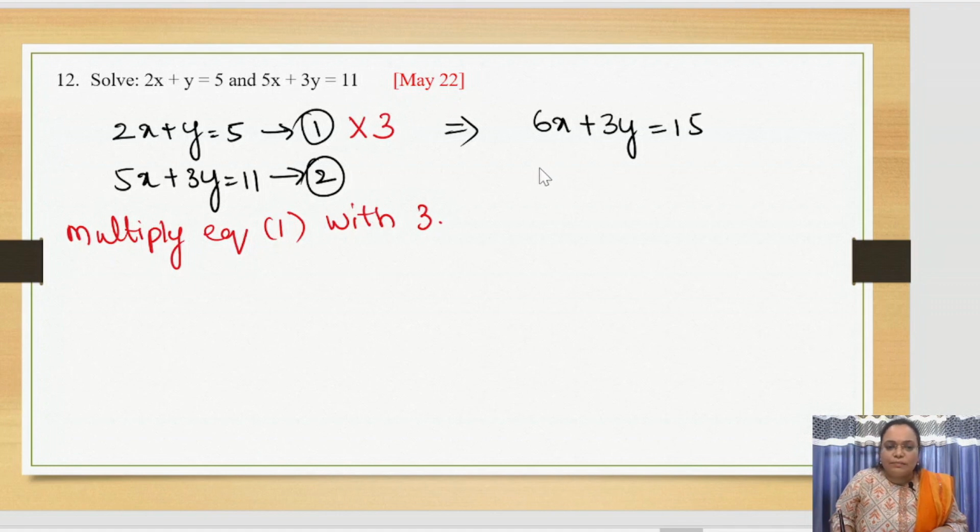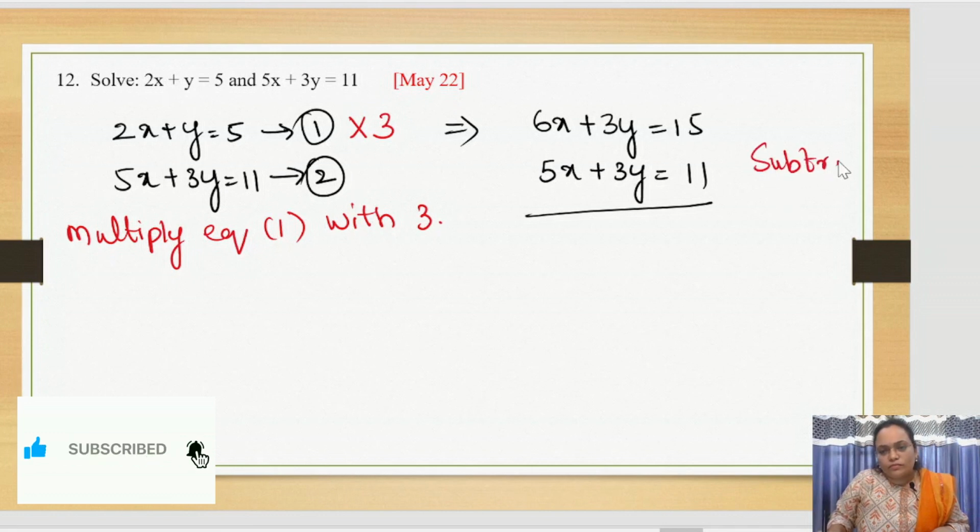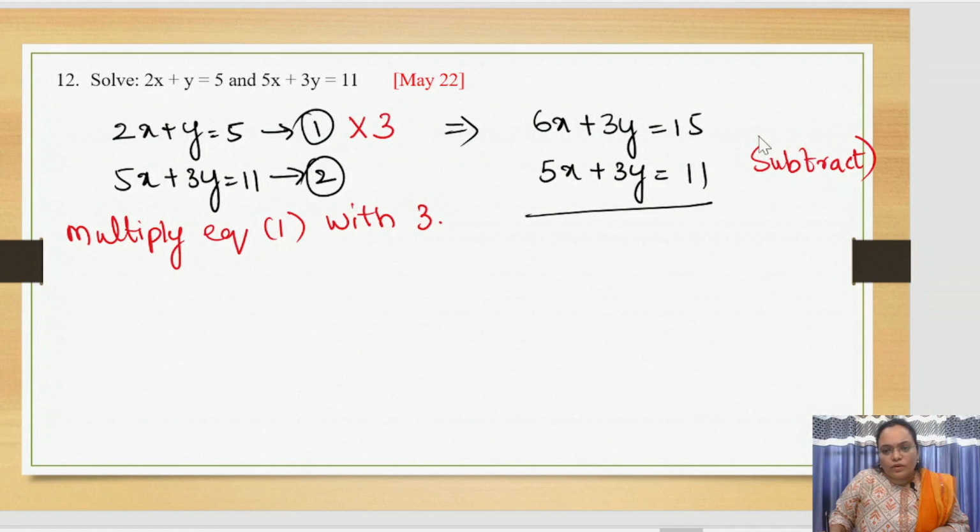The second equation remains the same, which is 5x plus 3y is equal to 11. Now let us subtract them. Change the signs. This will get eliminated. This will be x is equal to 4. So you have got the value of x as 4.